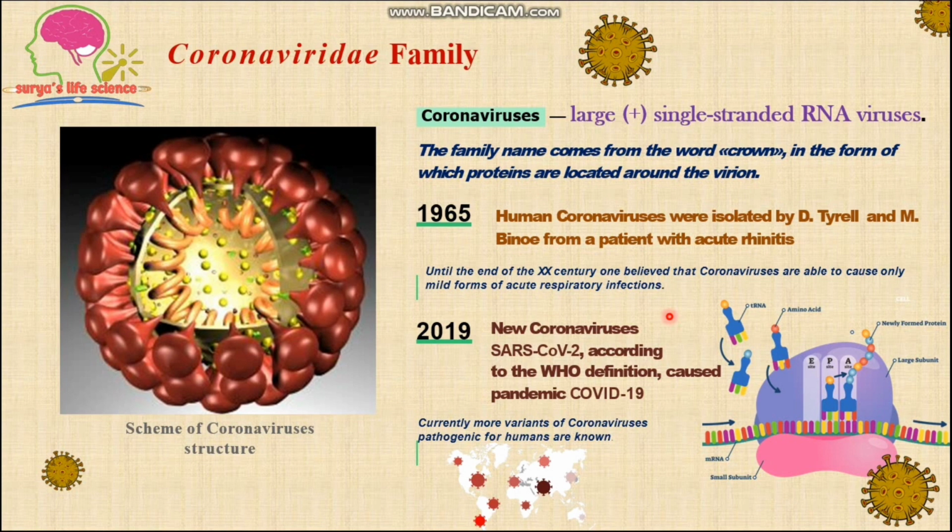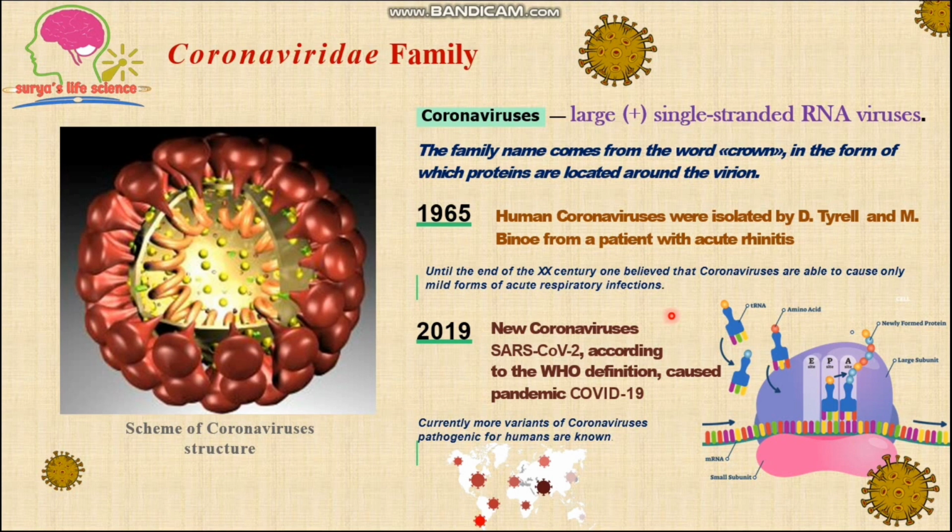So the positive sense single stranded RNA present inside the coronavirus is also an mRNA. This mRNA can directly utilize the ribosomes present in the host human cells and produce the target proteins and enzymes which are required for the structural development of new virions, thereby increasing the infection rate.